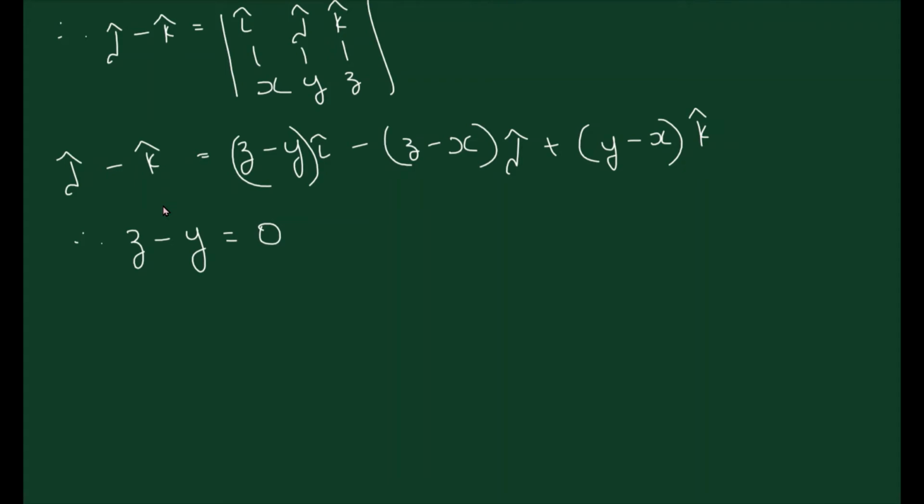The next value is actually X minus Z. By applying the minus sign, we get X minus Z is equal to 1, and in the third term, it is Y minus X is equal to minus 1. Suppose we number the statements as 2, 3 and 4 just for our convenience.